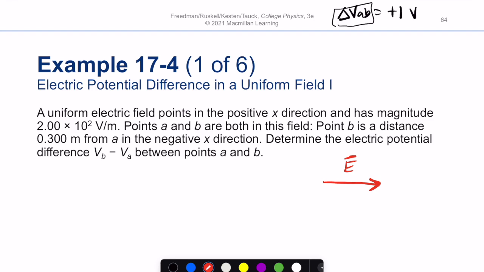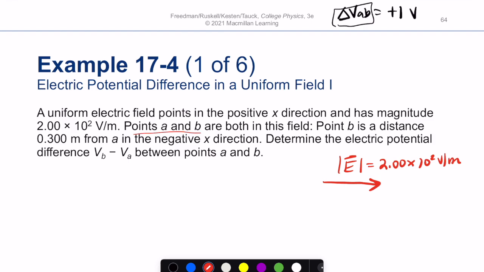And its magnitude is 2. And if this seems familiar, it is, because we are kind of doing the same problem again, but we're analyzing it from a different point of view, from the view of electric potential.